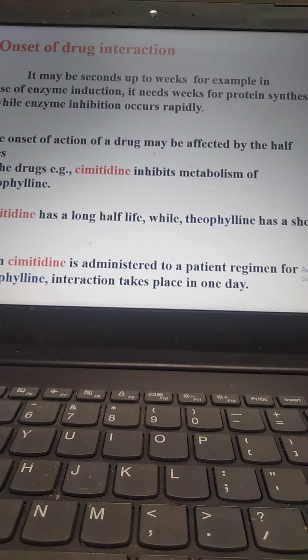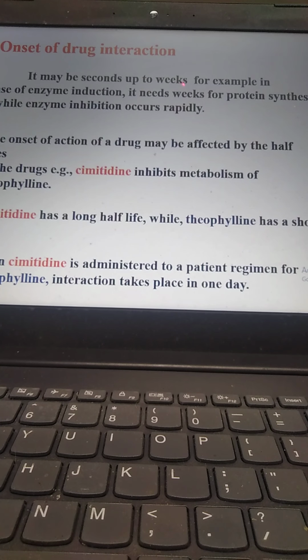Now the onset of drug interaction may be seconds up to weeks. For example, in the case of enzyme induction, it needs weeks for protein synthesis, while enzyme inhibition occurs rapidly. So when enzyme induction takes place, it takes a lot of time to reach the steady state, but inhibition takes place rapidly.